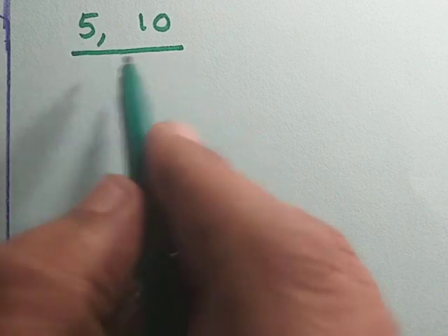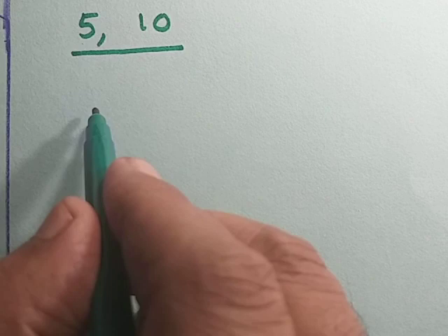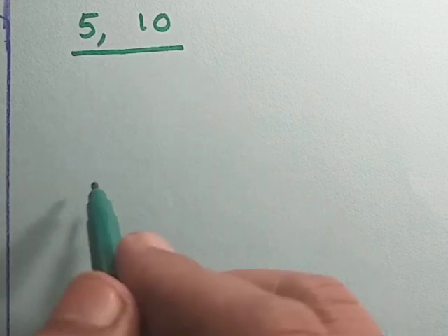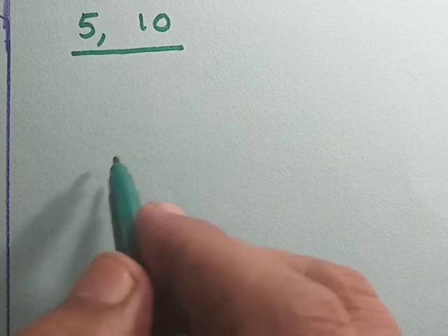That is, 5 is divisible by 5 and 10 is also divisible by 5.